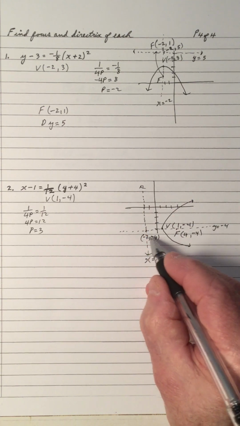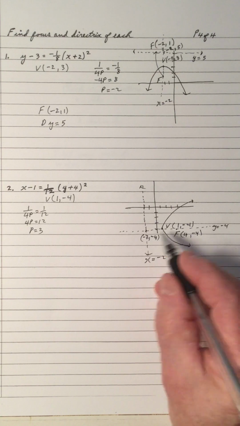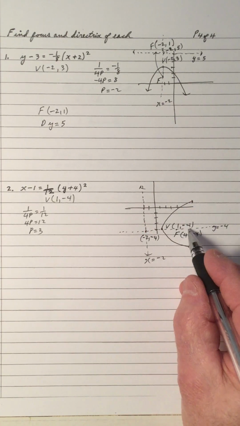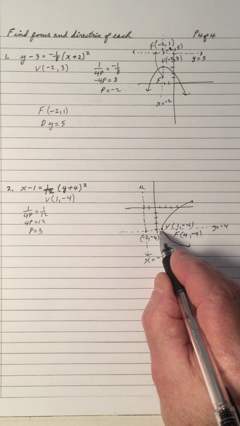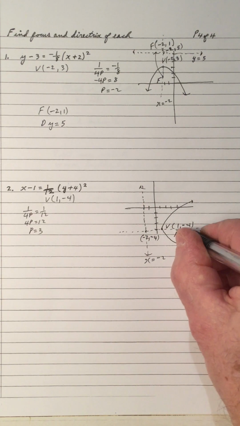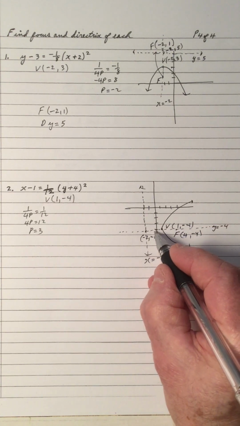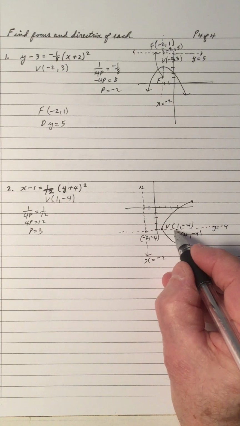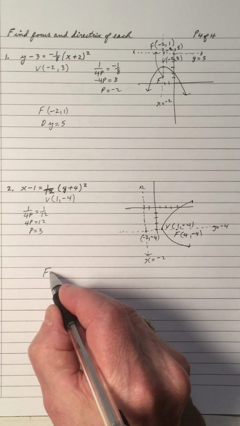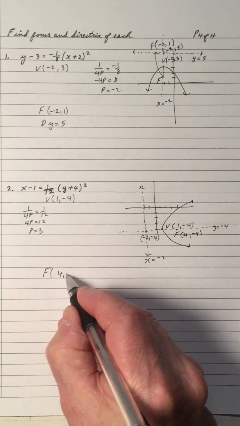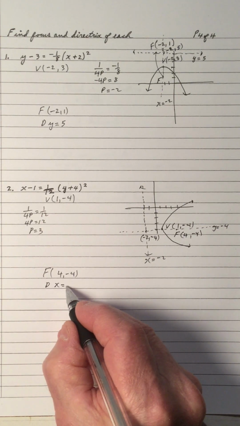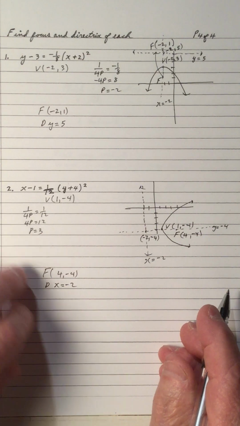This point is negative 2, negative 4. The distance between the vertex and the focus is 3 units to the right, and 3 to the left for the directrix. So we have a focus of 4, negative 4, and we have a directrix of x equals negative 2.